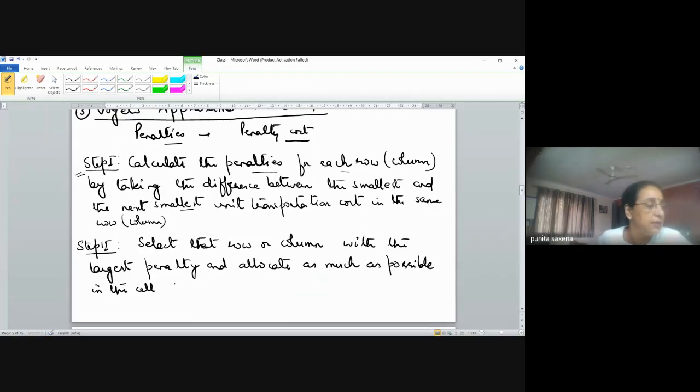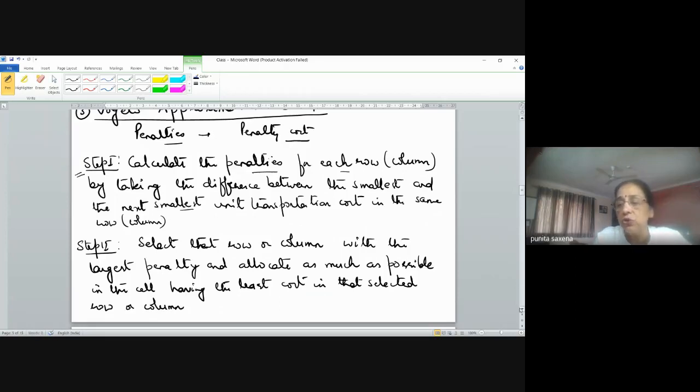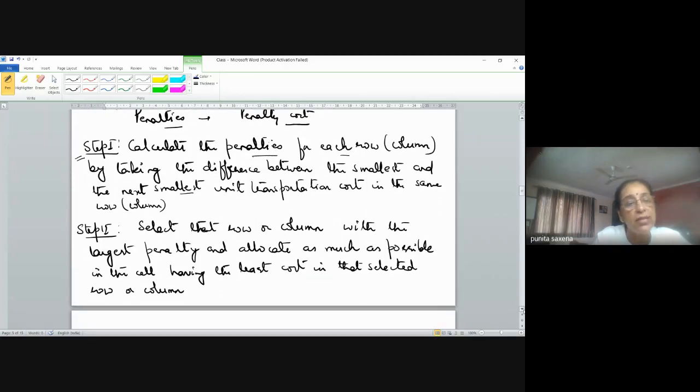Okay, as much as possible in the cell having the least cost in that selected row or column. Now this can come from either, which means we are not starting from the destination or the source; anything can get fulfilled anywhere, right? The maximum penalty could have come due to the source, or due to the destination.